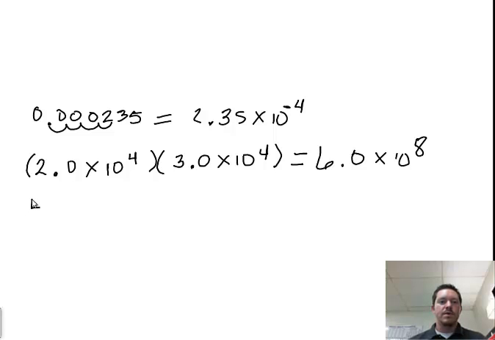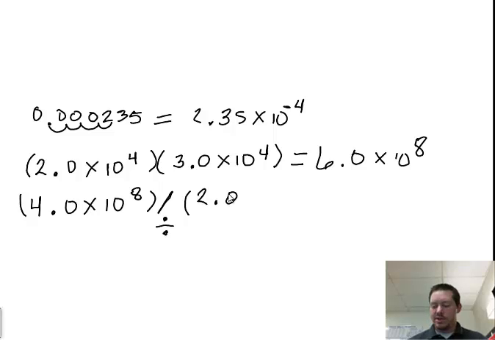Alright, dividing 4.0 times 10 to the 8th. I'm going to go ahead and put these in brackets, but I'm going to put a divide sign in here. I can either put a slash or I can put the symbol for division. And again, I'm going to make these really easy for me.